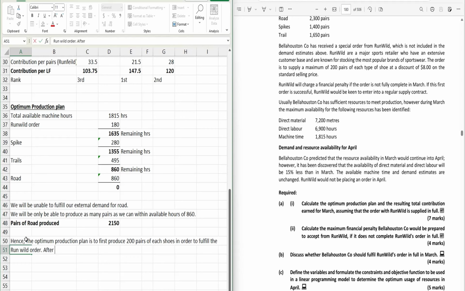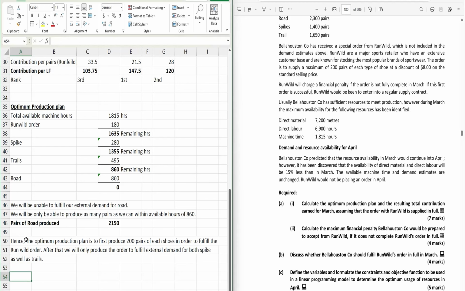After that, we will only produce in order to fulfill external demand for both spike as well as trials.